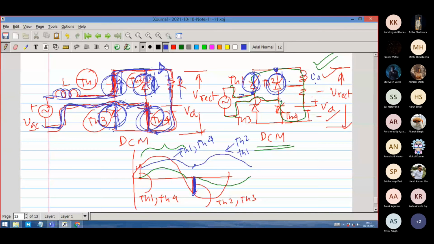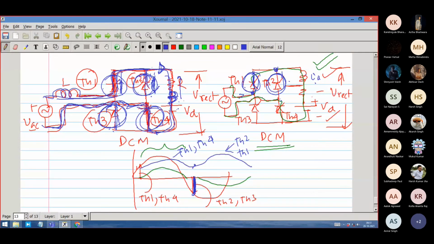So to make it a meaningful circuit, in the continuous conduction mode, we also have an inductor on the DC side, because that is what we require for making this current continuous, because otherwise we are seeing that the load is trying to send power in the reverse direction, which we don't want in this application.